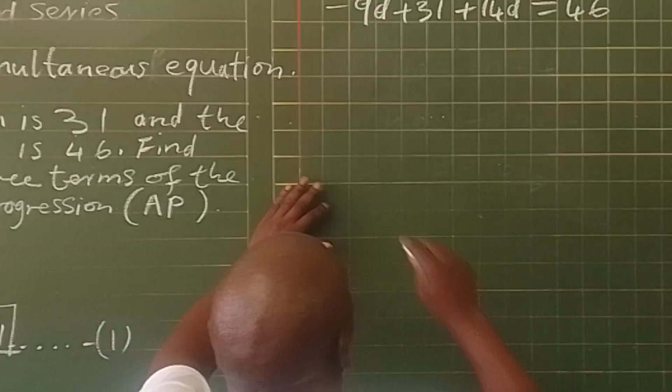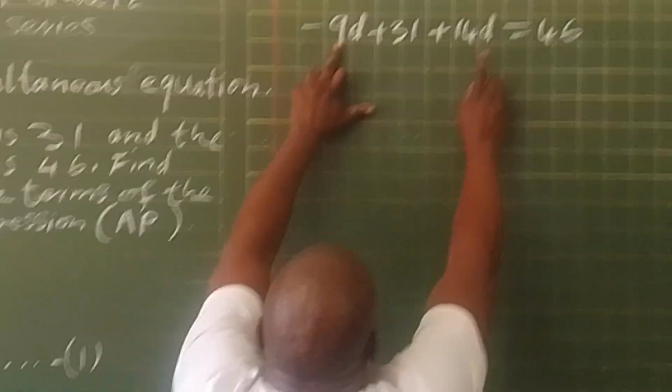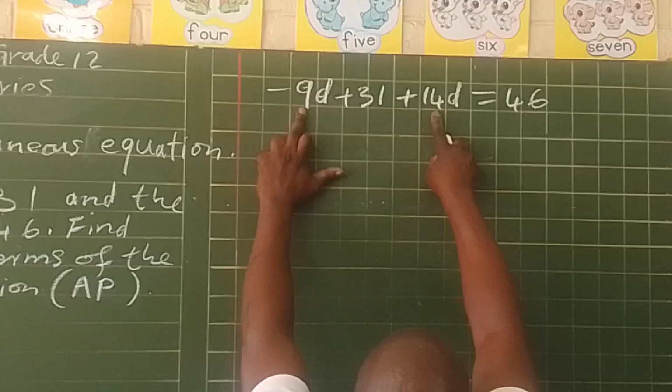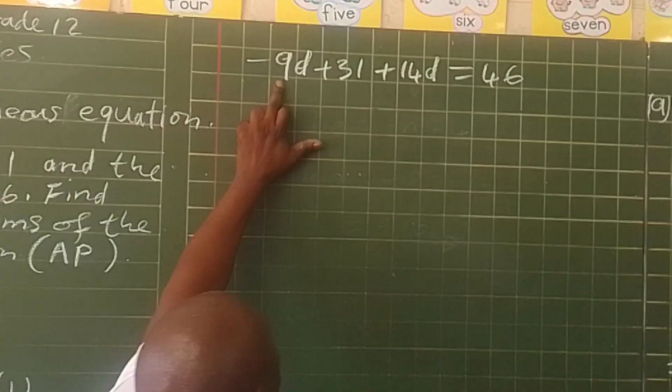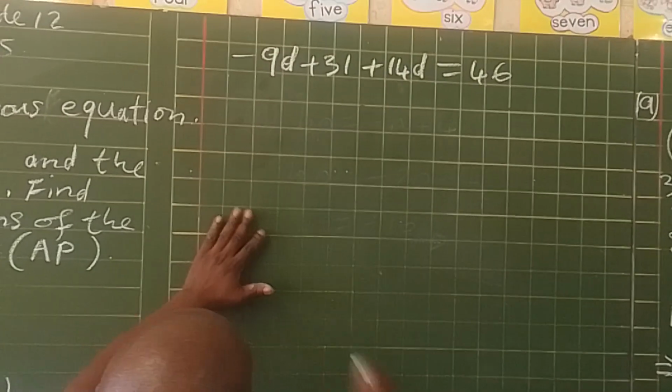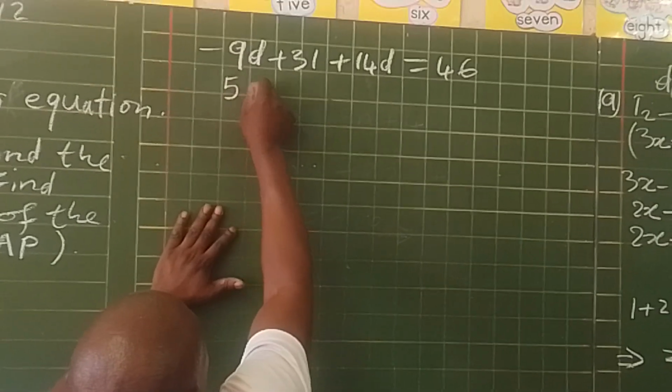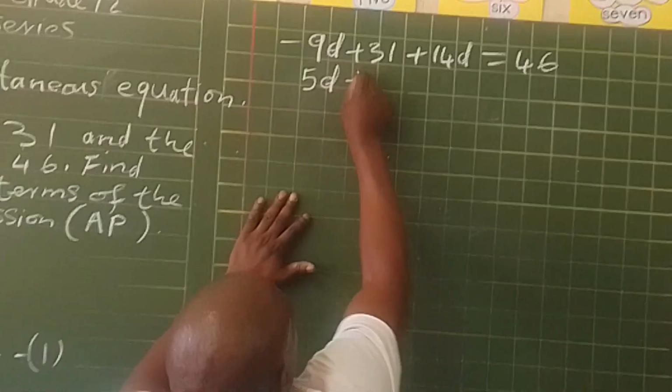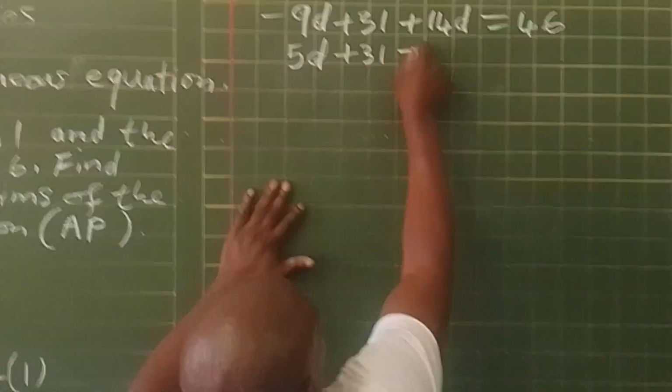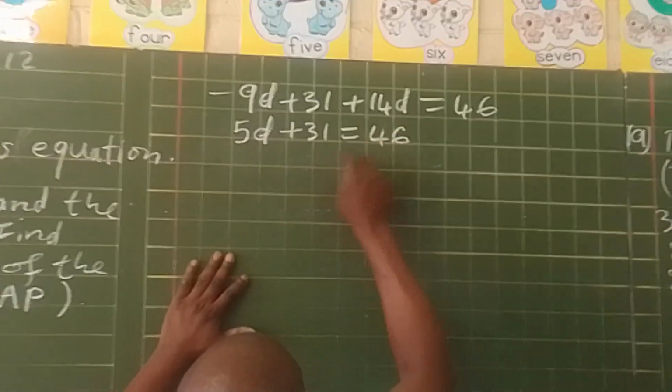That's it. That's done. Right. If you can check this, minus 9 plus 14 is positive 5. 5d plus 31 is equal to 46.